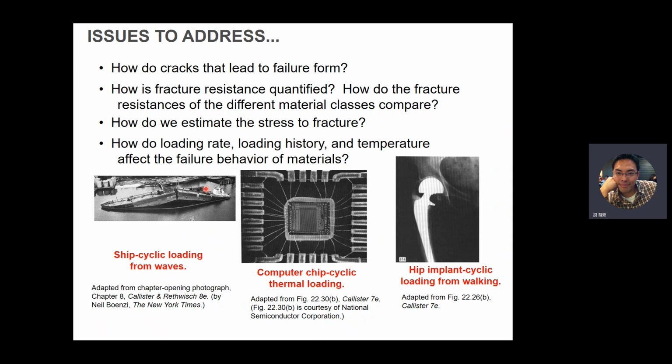This thermal mismatch is due to the different coefficients of thermal expansion, right? When you have thermal loading, each layer of material has its own coefficient of thermal expansion, and this thermal mismatch causes the chip's failure.